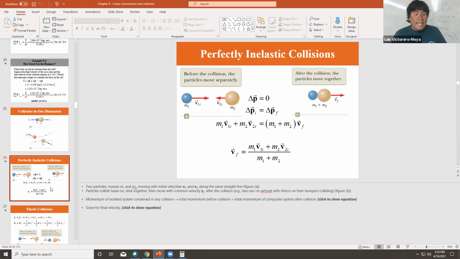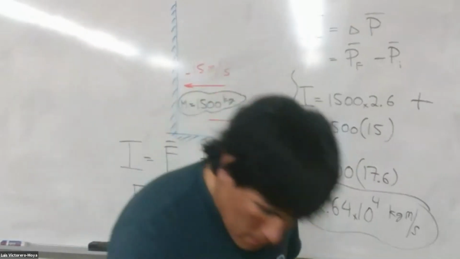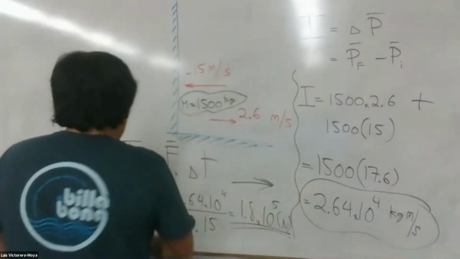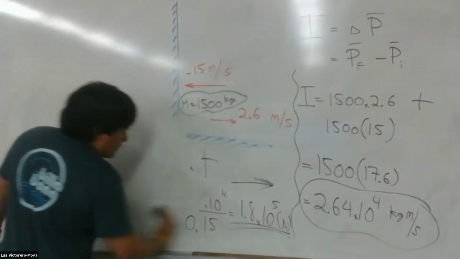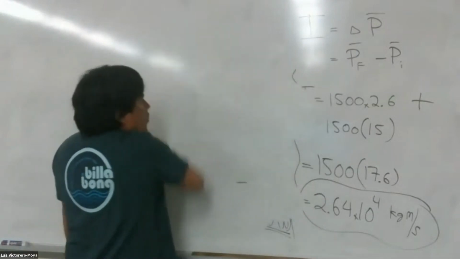We also have elastic collisions. For the elastic collision, let me show you on the whiteboard what I mean by that. And after this, we can start doing some problems on collisions.